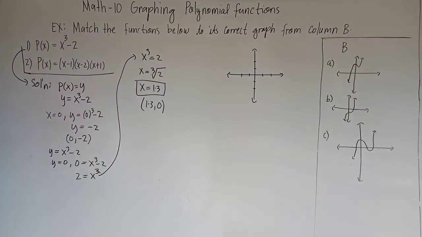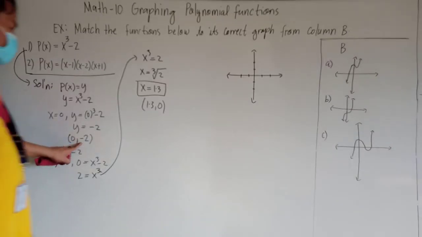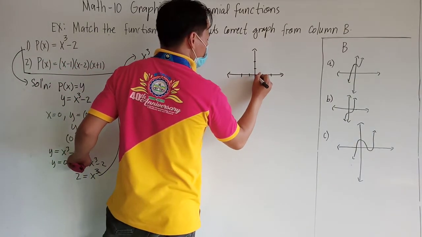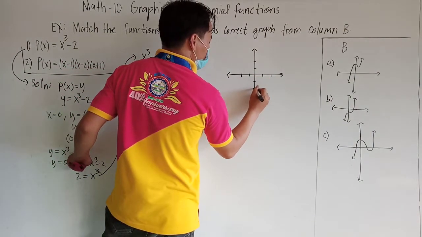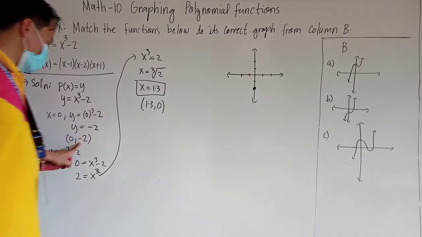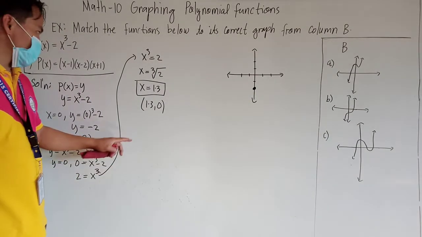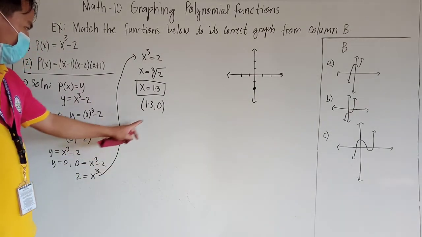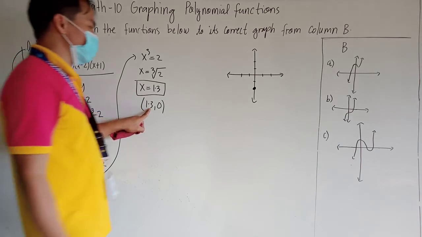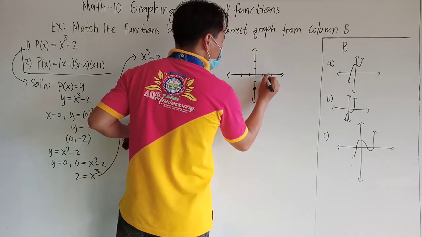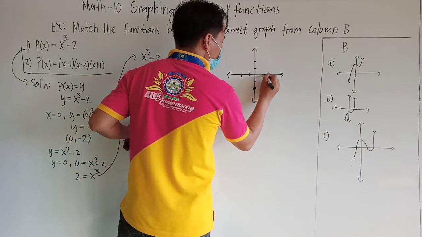With x 0, y is negative 2. So (0, -2): 0 is x, negative 2 is y. Followed by, when y is 0, x is 1.3, so (1.3, 0): 1.3 is x, 0 is y.